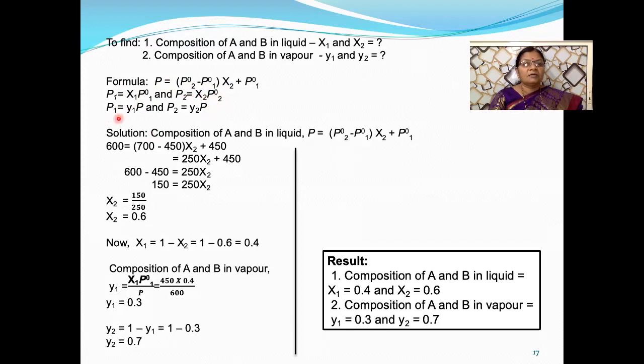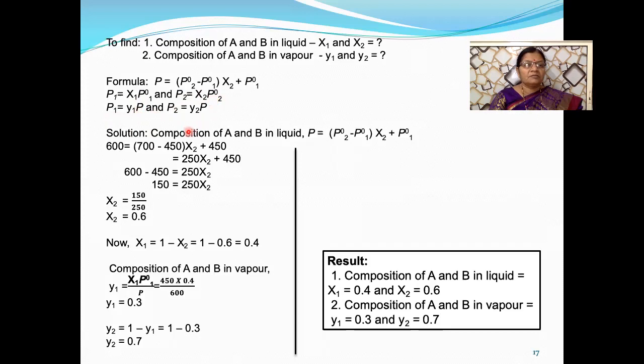Now for the composition of components in the vapor phase, the partial vapor pressure P1 is equal to Y1 into P, where P is the total pressure, and P2 is equal to Y2 into P. So here we have to calculate the values of X1, X2 as well as Y1, Y2.